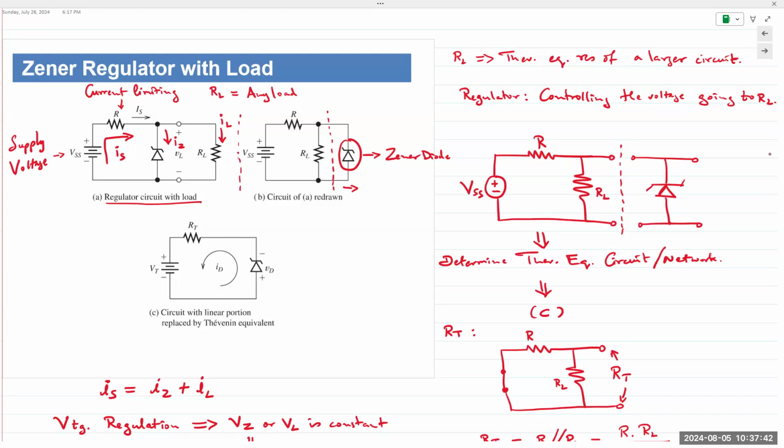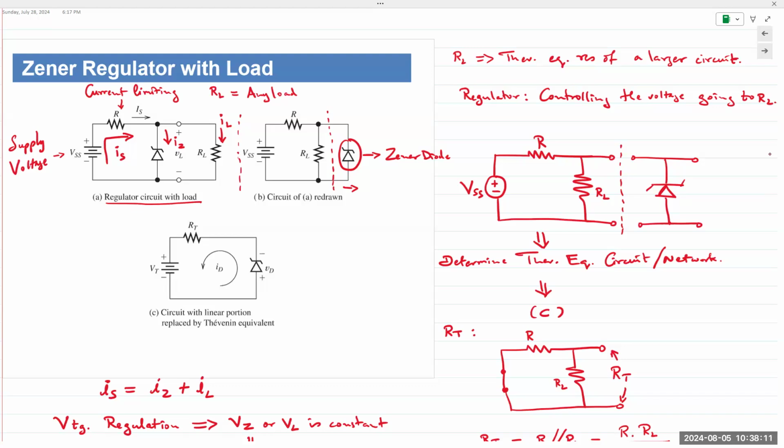The analysis portion comes about the extra current. What do we do with the extra current? Meaning the voltage across the load remains the same. RL doesn't change, VL doesn't change. So IL has to remain the same. If IL remains the same, but VSS increases, that means there is extra current coming from the power supply. That extra current has to go through the Zener diode.